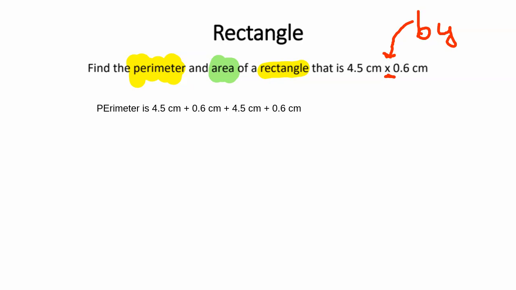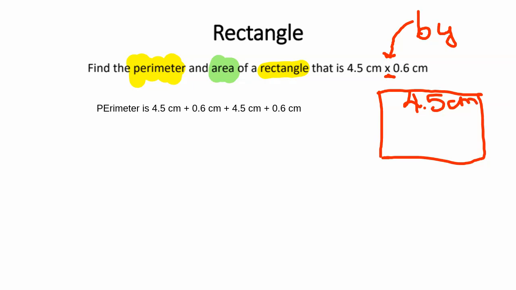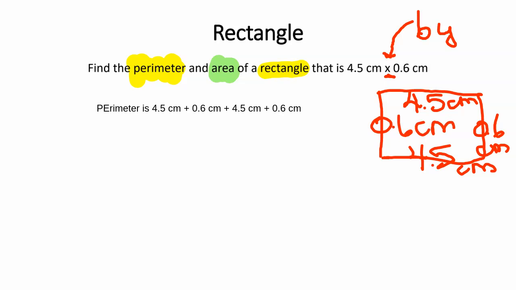It's 4.5 by 0.6, which is saying that you have 4.5 centimeters here, 0.6 centimeters here, 4.5 centimeters here, 0.6 centimeters here.